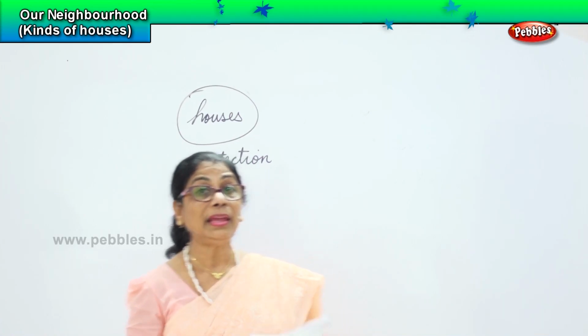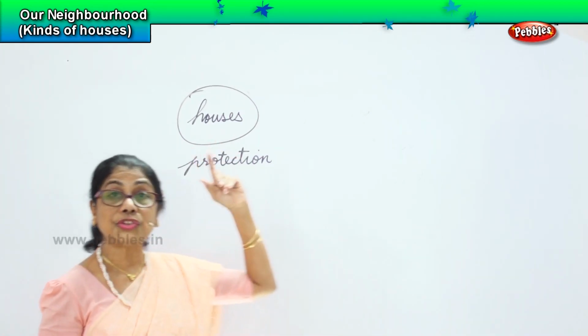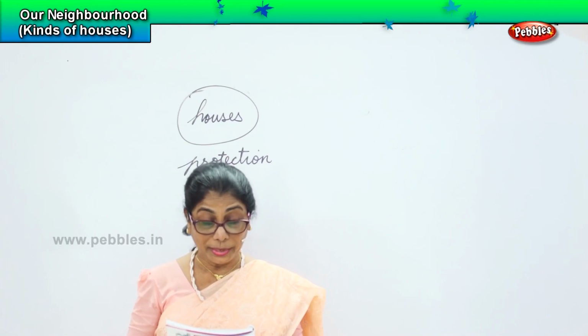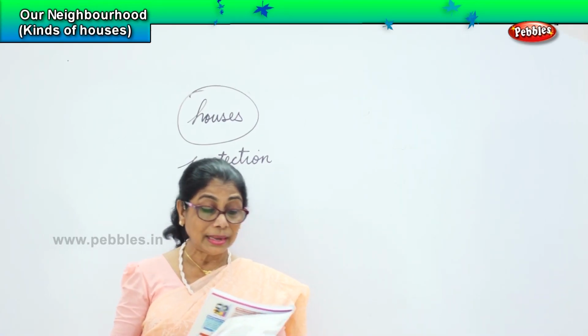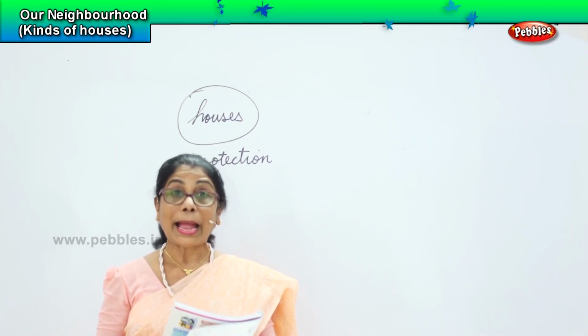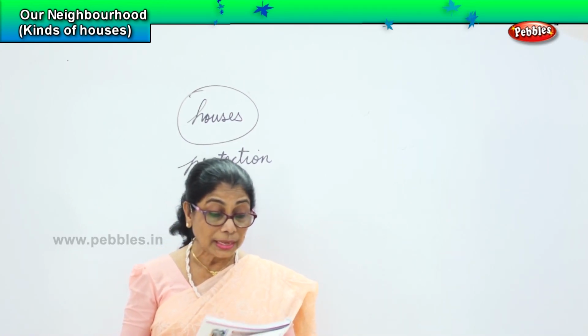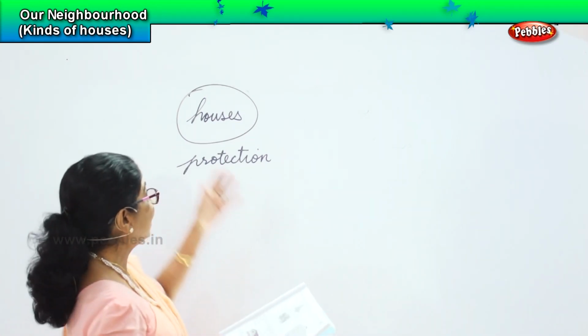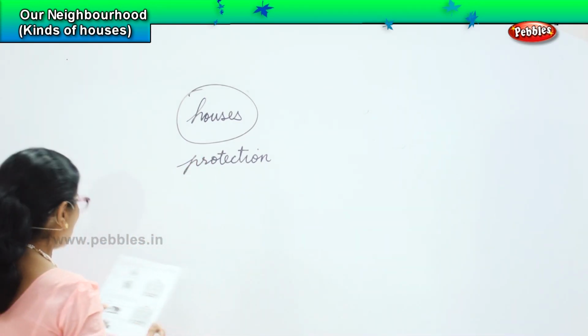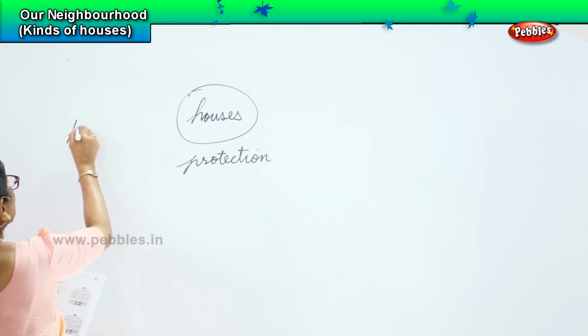There are many kinds of houses today. We have houses like kacha house, pakka house, igloos, tents, and so on. So there are different types of houses. Let's talk about kacha house.